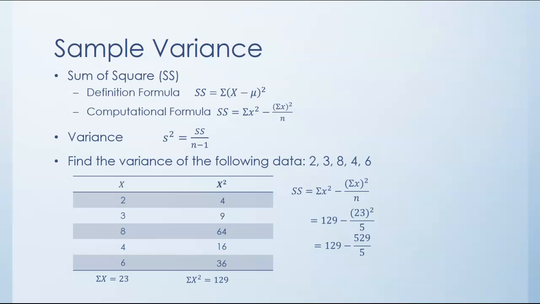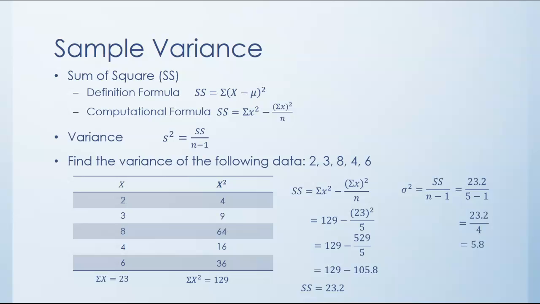So 23 squared is 529. 529 divided by 5 is 105.8, and then 129 minus 105.8 gives us 23.2, and that is my sum of squares. Now remember, to find my variance, I need to take my sum of squares and divide it by n minus 1, so this is going to be 23.2, and then 5 minus 1 in the denominator, so I've got 23.2 divided by 4, which is going to give me 5.8.